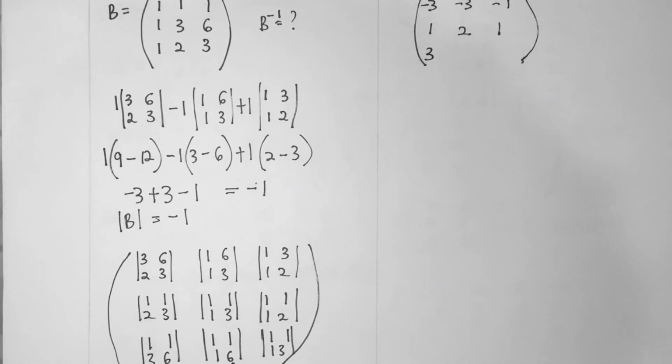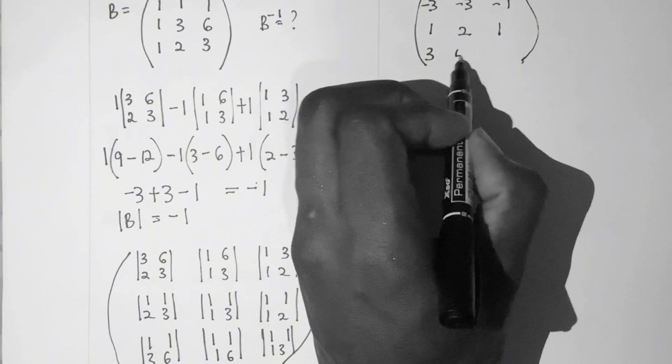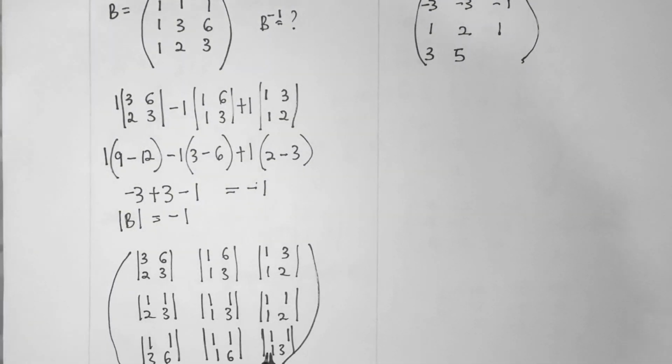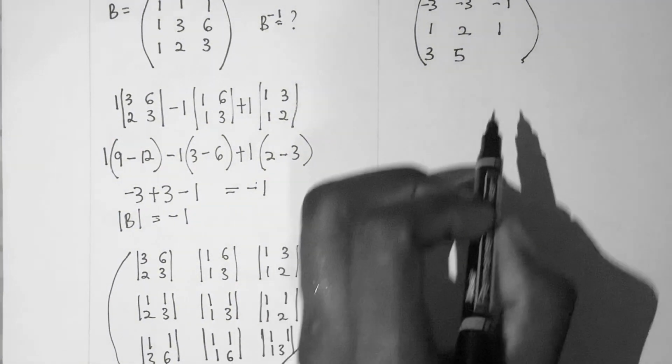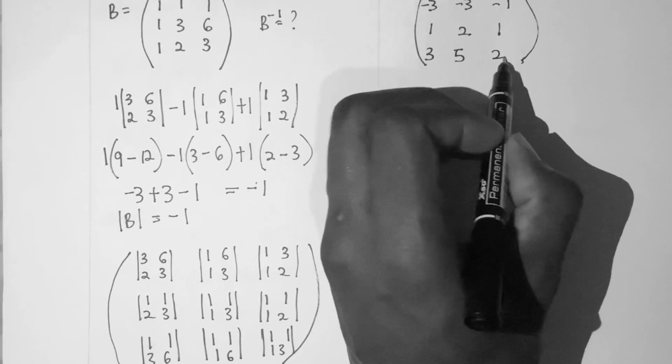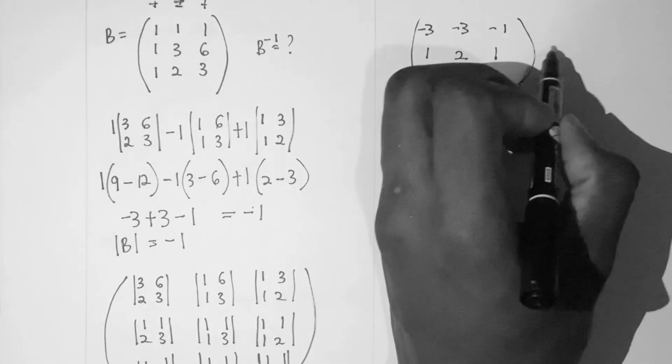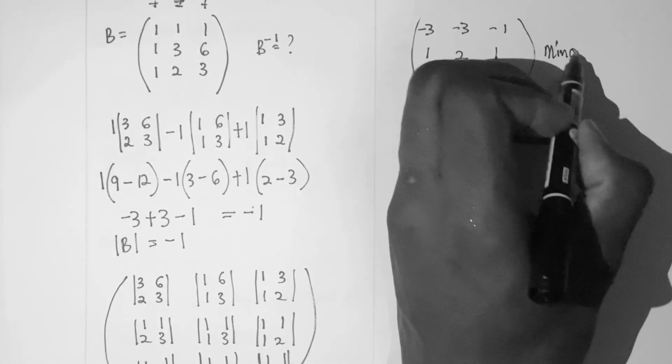Then 1 times 6 is 6, 1 times 1 is 1. 6 minus 1 is 5. Then in this place, 1 times 3 is 3, 1 times 1 is 1. 3 minus 1 is 2. So this is the matrix of minors.